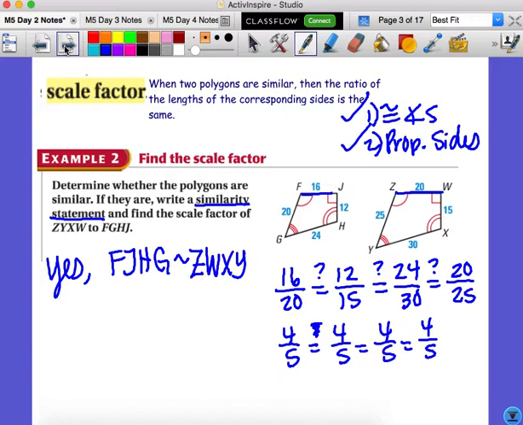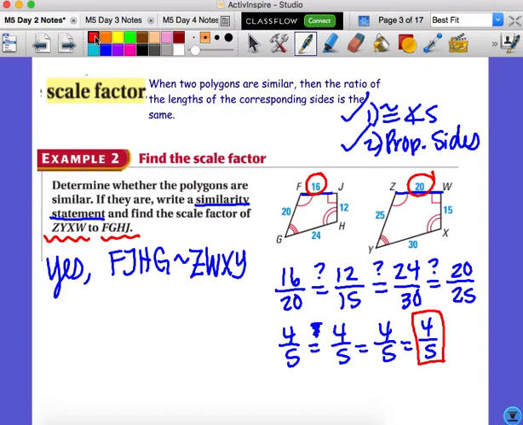And then it says find the scale factor from, and this is the important part, ZYXW to FGHJ. Now, what they've said is take any number from this figure and match it to any corresponding number in this figure. So what you've basically done is you've found the scale factor from left to right here.